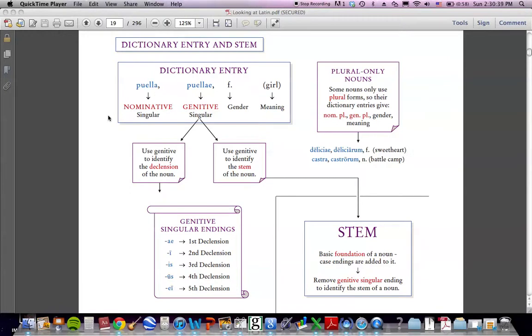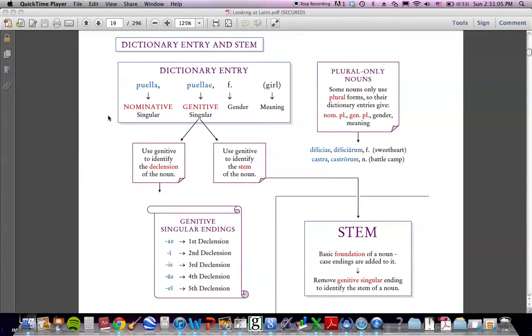Today we are going to talk about nouns and their declension. As you may have heard, the Latin language is a language that we call inflected. An inflected language is a language whose nouns and sometimes adjectives and verbs have the characteristic of changing endings very often.